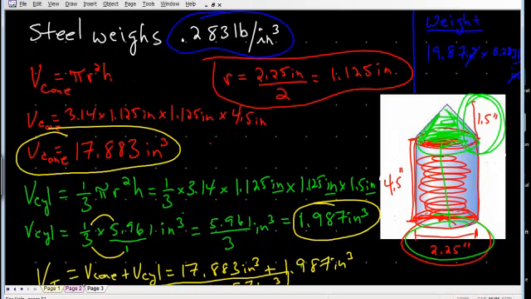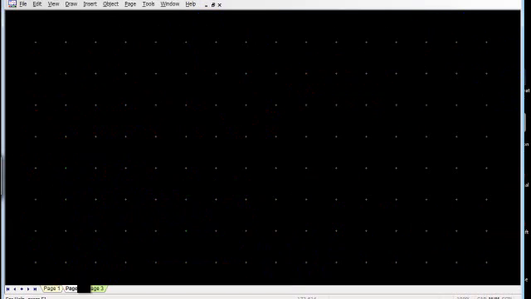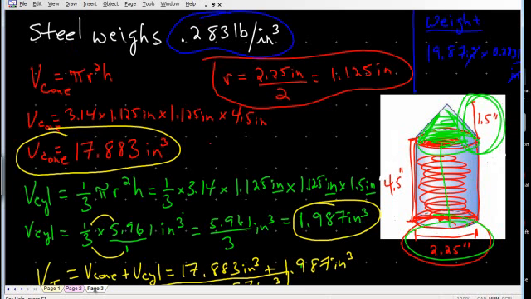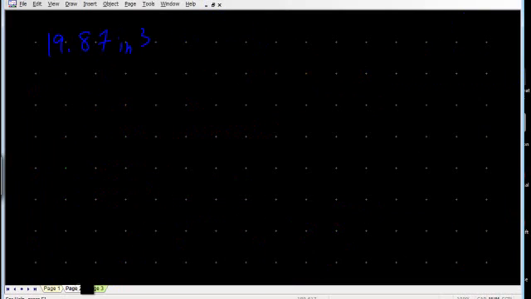So 19.87 cubic inches, and we are multiplying by 0.283 pounds per cubic inch. And when you write it out like this, I think it makes everything make sense, because the cubic inches cancel. You have a cubic inch on top and a cubic inch on bottom, and we're multiplying, so they're common factors and they cancel each other.